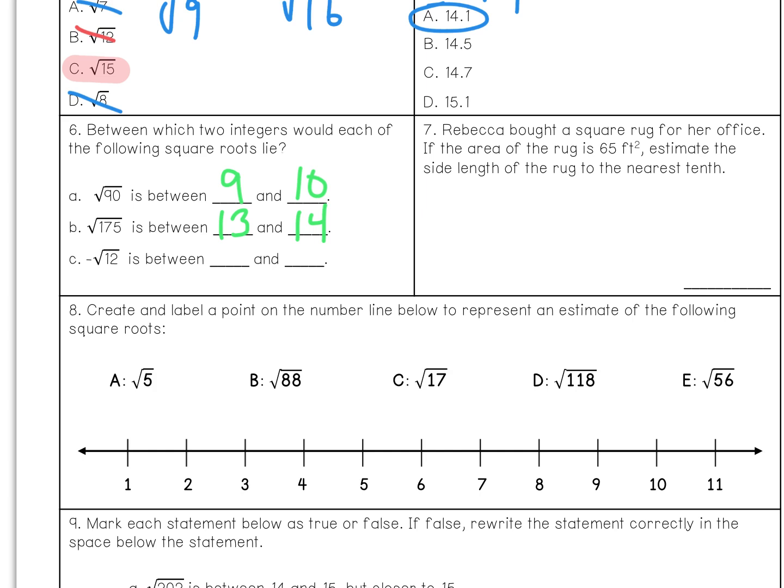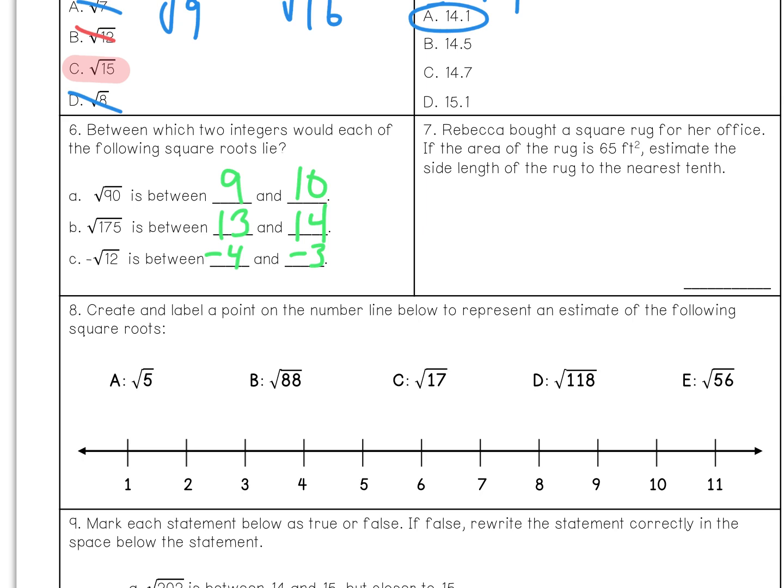Hector, you got C? Between -3 and -4. I agree that it's between -3 and -4. However, let's order them from smallest to largest. So let's say it's -4 to -3. But good job.